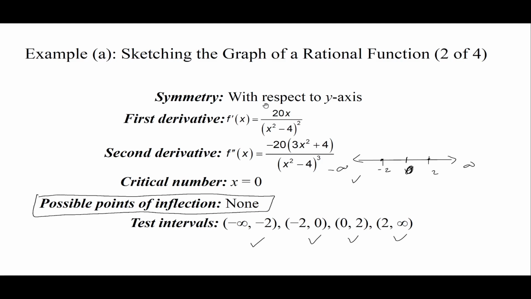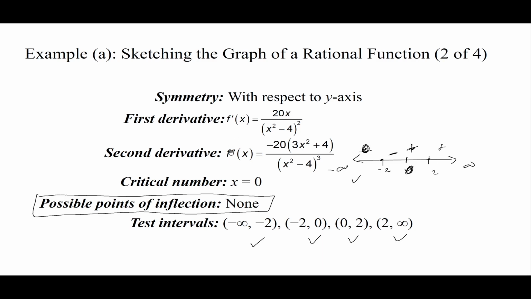So the value of the first derivative depends on the value of x. So if we are taking x from the negative part, this interval, the first derivative would be negative. Even here, if you take the value from here, the first derivative would be negative. From here, the first derivative would be positive. And from here, the first derivative is positive because, as you can see here, our first derivative depends on the value of x. If x is positive, the first derivative is positive. If x is negative, the first derivative is negative.